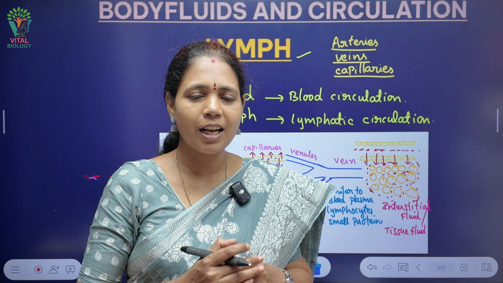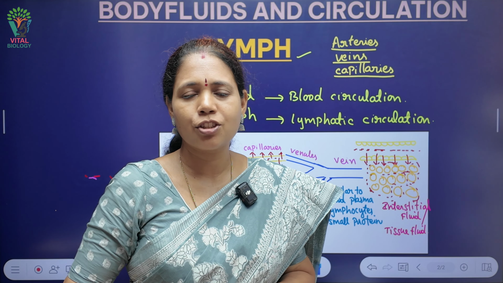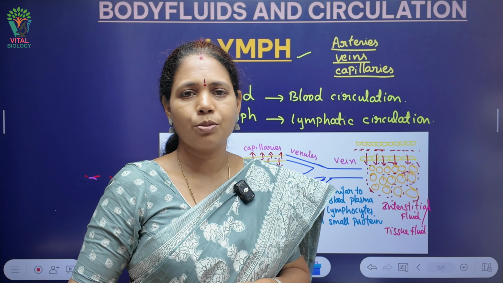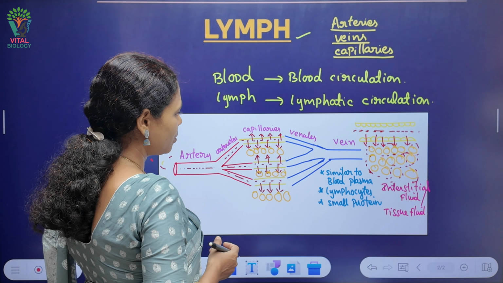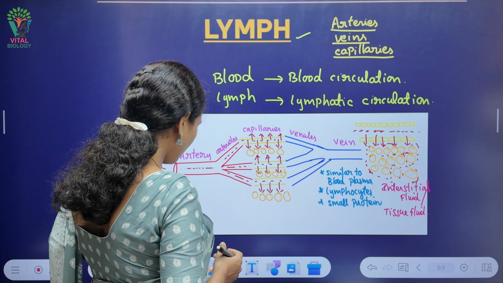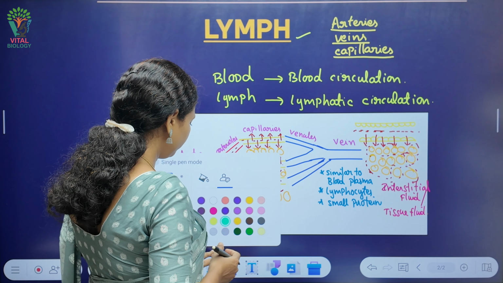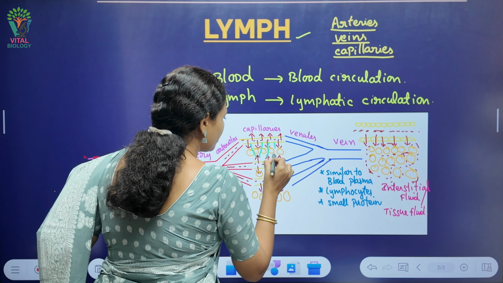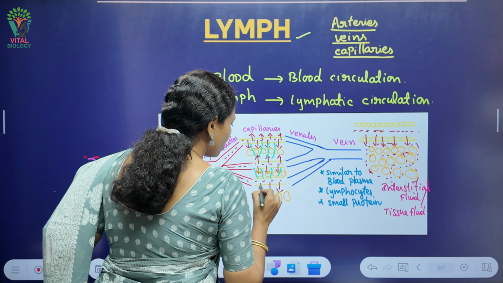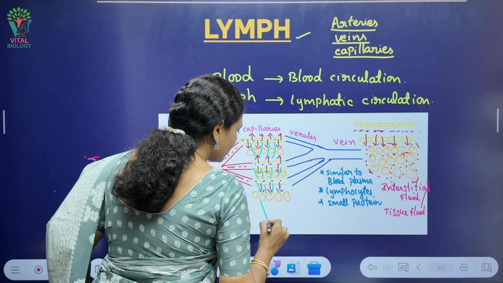Further, specific channels are formed in these tissues. Those specific channels are lymphatic channels. Suppose like this, in between you can see various channels running like this.